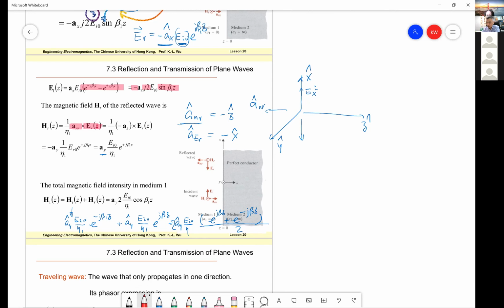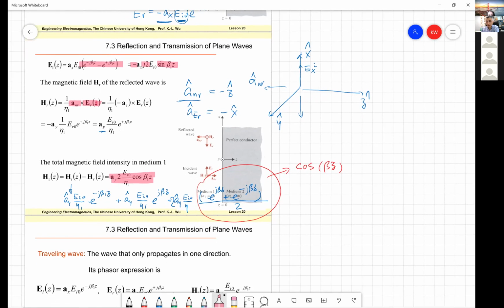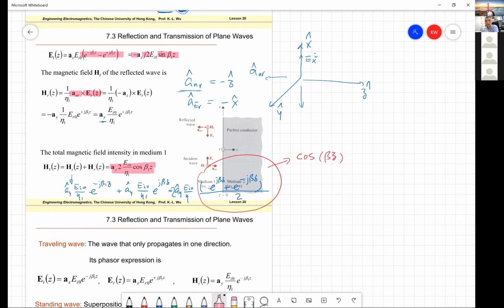So this term equals cosine beta Z. This is how we obtain this. This is the magnetic field, the total magnetic field.